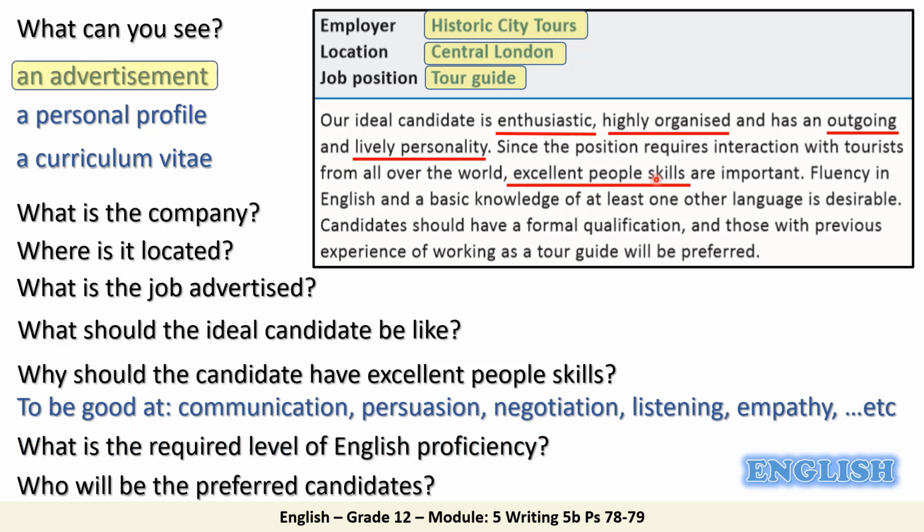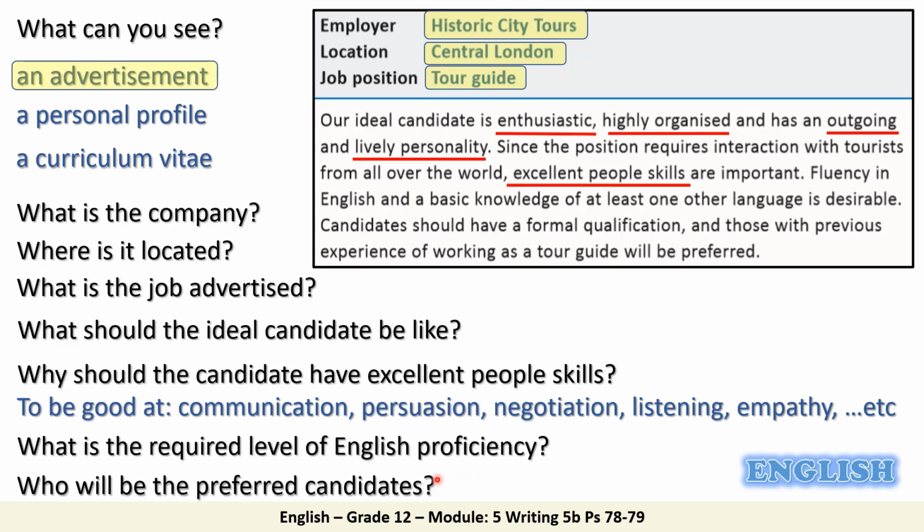What are the people skills? Why should the candidate have excellent people skills? In order to communicate well with people. He should be perfect at communication, persuasion, negotiation, listening to others, empathy, inspire people, etc.